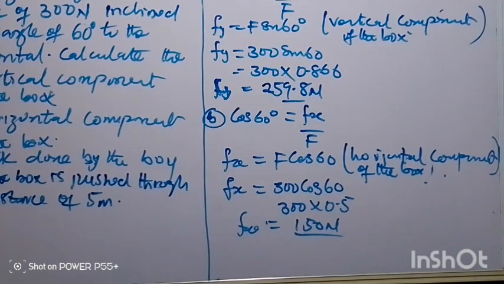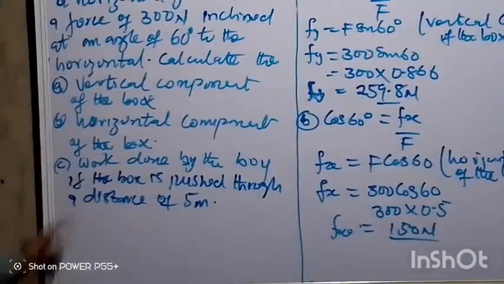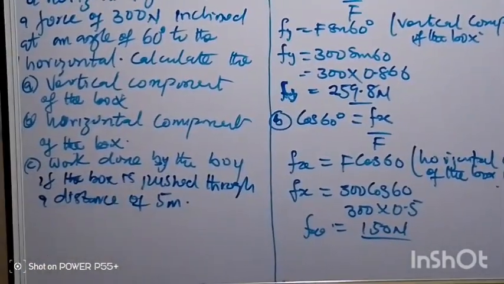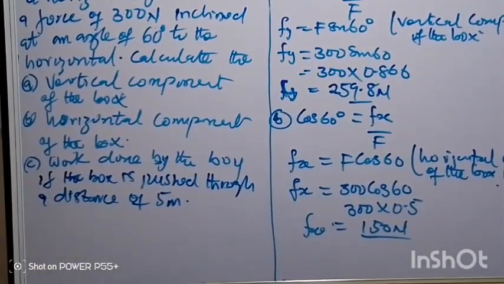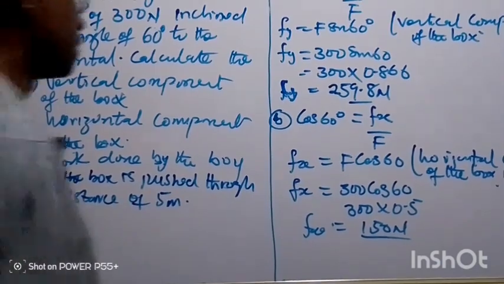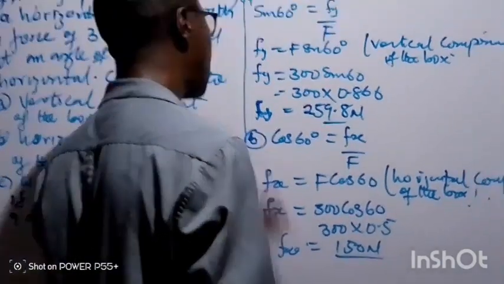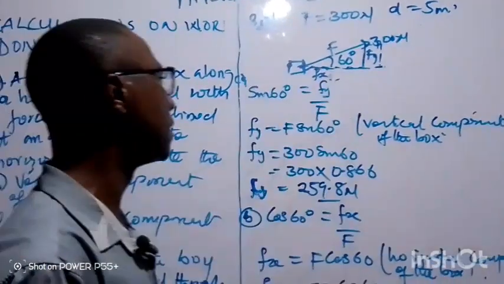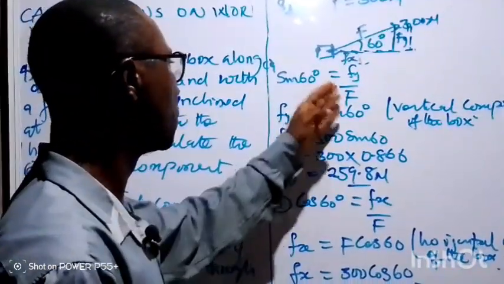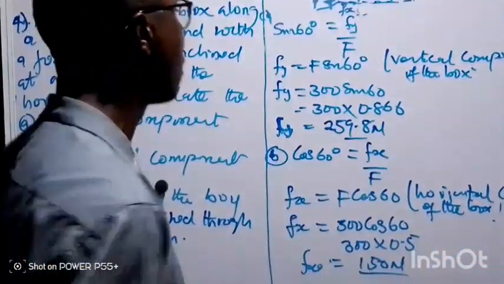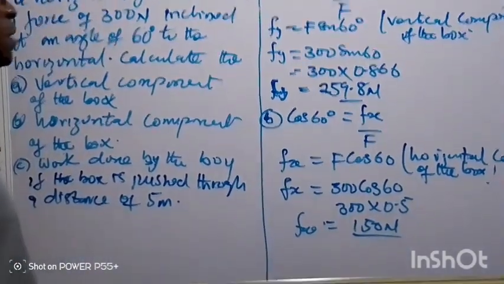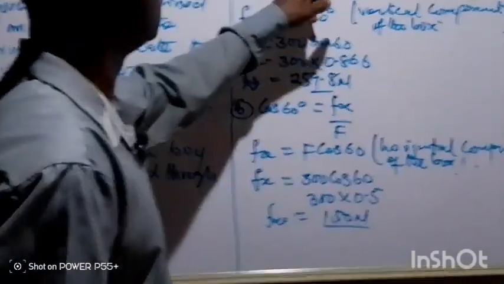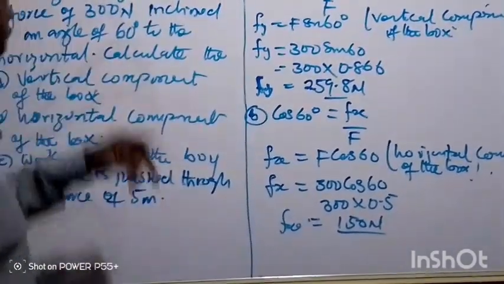The next question says we should calculate the work done by the boy if it is pushed through 5 meters. And don't forget, in our last lesson, I explained that when you have a question like this, we will resolve it into horizontal and vertical components.